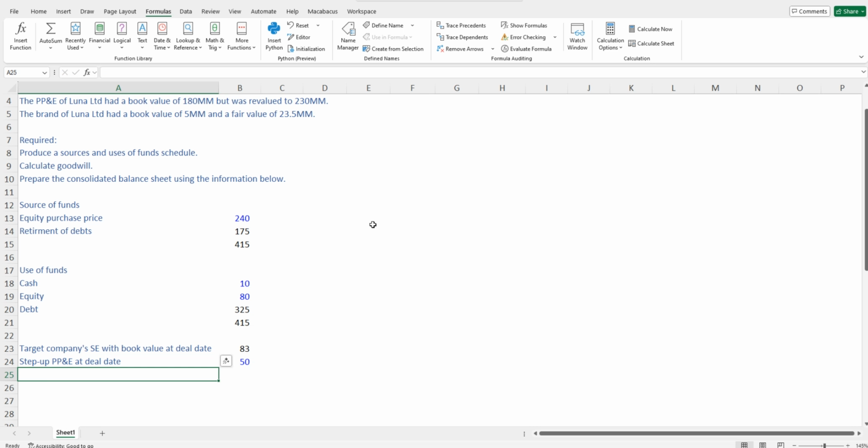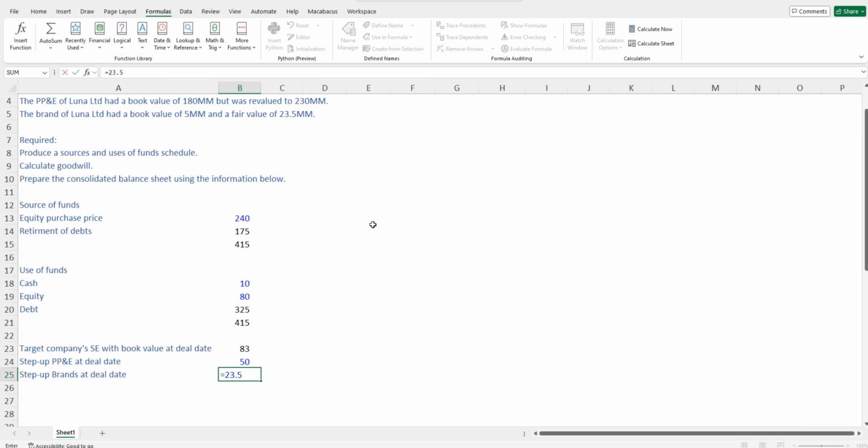We also know the brand had a fair value of $23.5 million but a book value of $5 million, so we also need to step up the brand at the deal date.